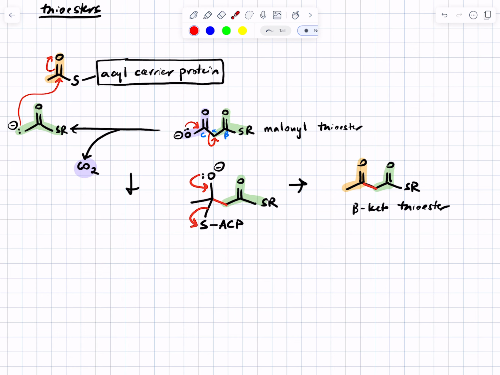And it turns out that the fatty acid synthase that does this reaction is a multi-subunit enzyme complex. And the thioester that is attached to the acyl carrier protein basically moves this molecule around to various subunits like a crane, and other things happen.